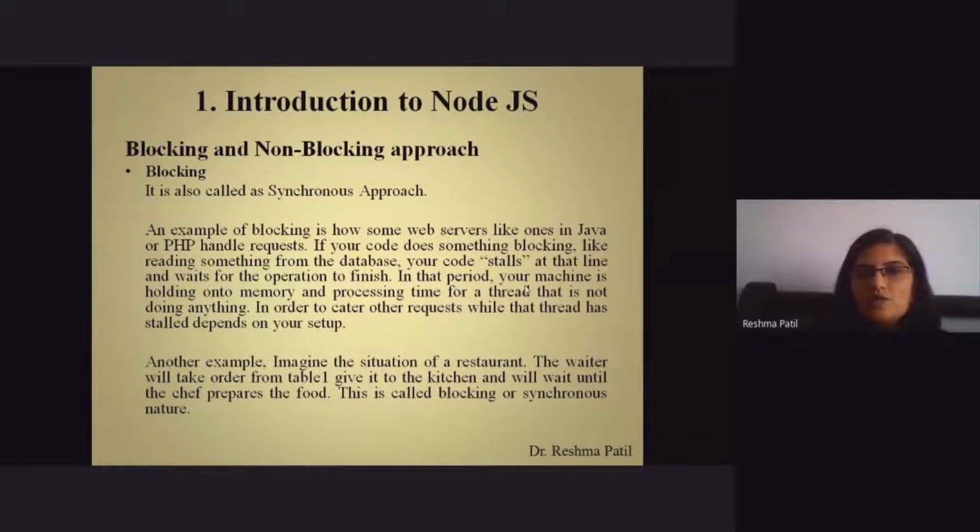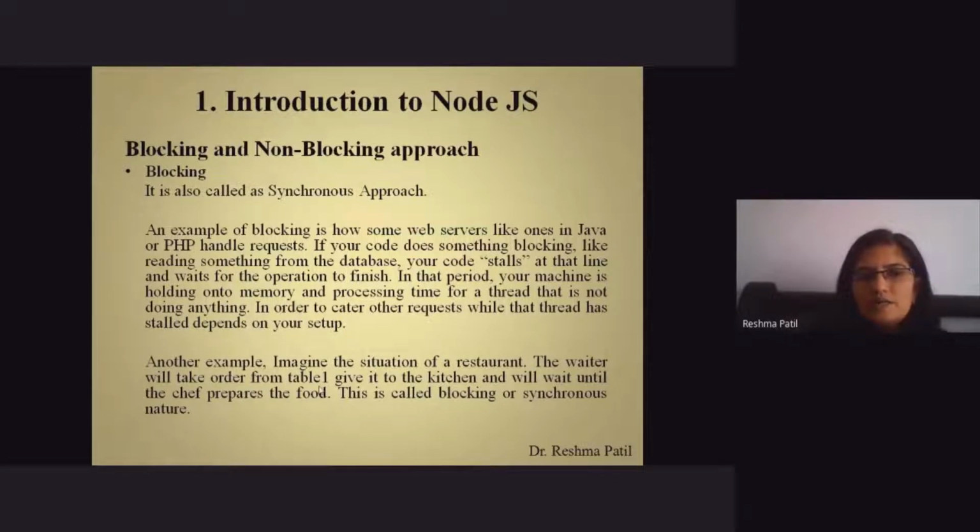In that period, your machine is holding onto memory and processing time for a thread that is not doing anything. Means your thread is empty now till that input is going to come from user. In order to cater to all other requests while that thread has stalled depends on your setup. So here you cannot take other requests at that time because you are waiting for user to input something. Till that time your process is in waiting state.